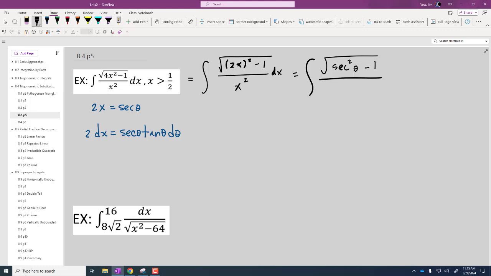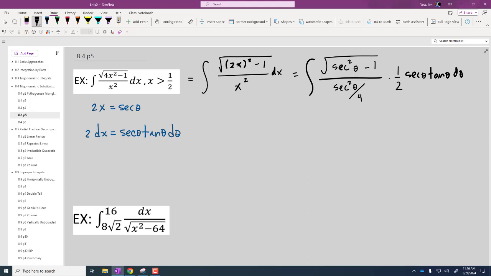If you square that, you'll get secant squared over 4. And let's see, dx. dx here is going to be 1/2 times secant tangent. So we have that. That's shenanigans.